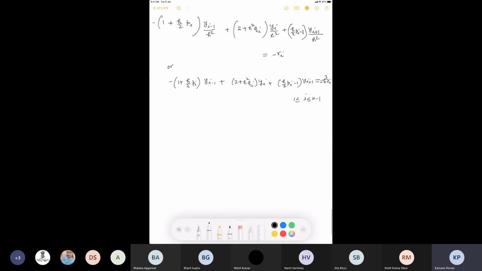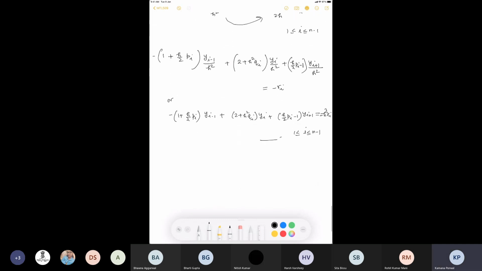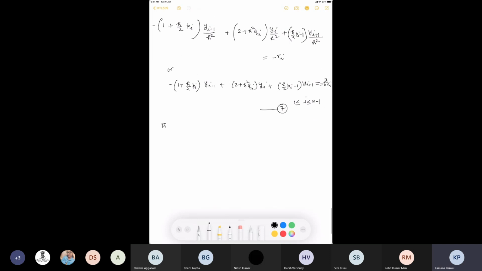Okay, so this system 7, together with boundary conditions y0 equals ya and yn equals yb, forms n plus 1 equations in n plus 1 unknowns, right?